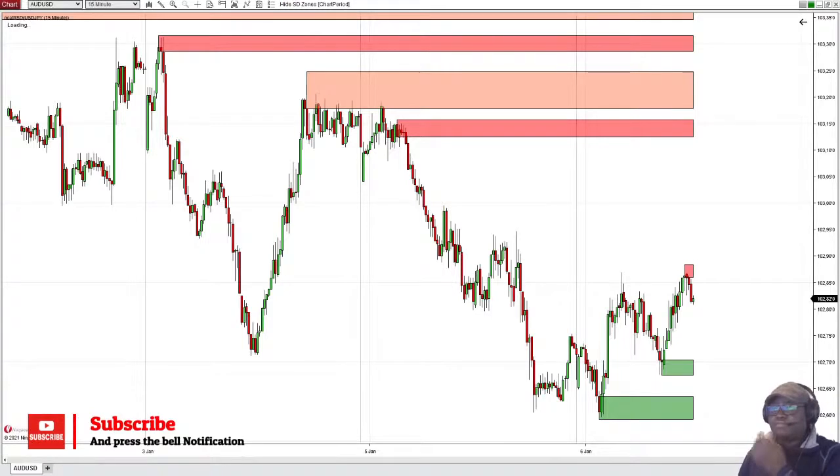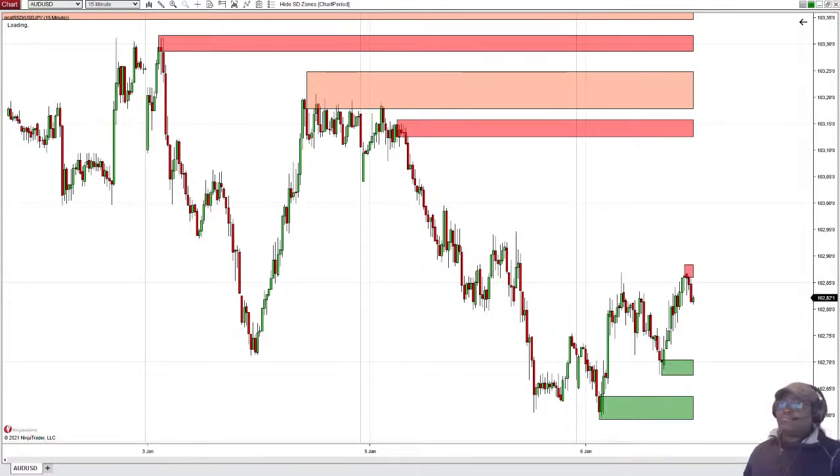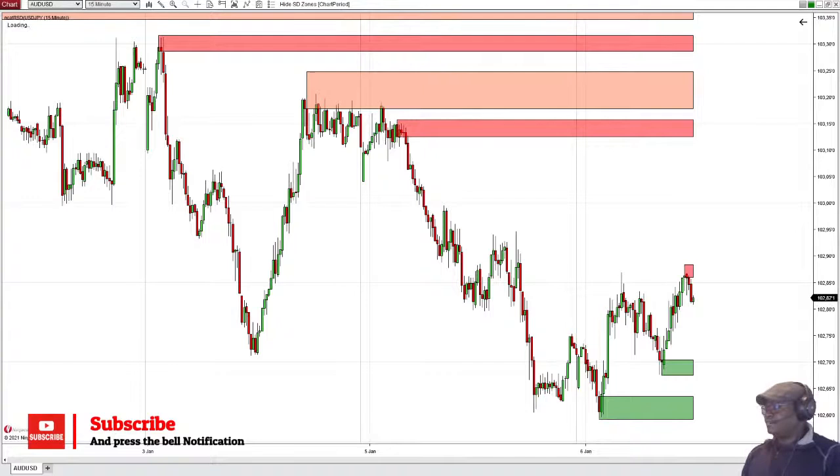Looking at the Aussie USD, nothing has changed from the charts. Maybe when there's much volatility in the markets, then you'll be able to get much of a day trading, but right now there's just not much to do.